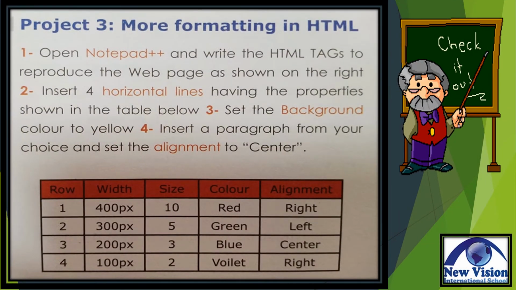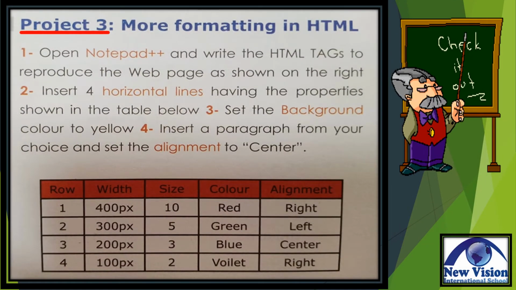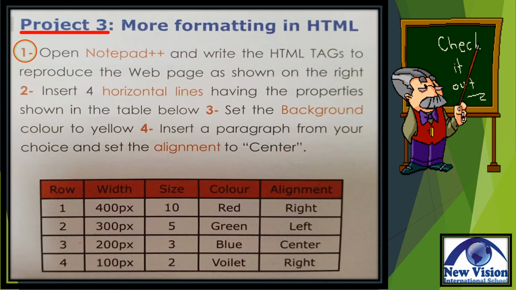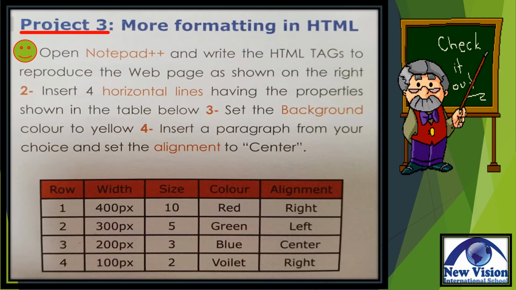And now, to do project number 3, entitled More Formatting in HTML, you should follow the given directions. Number 1. You should open Notepad++ and write the HTML tags to reproduce the web page as shown in your book. Number 2.